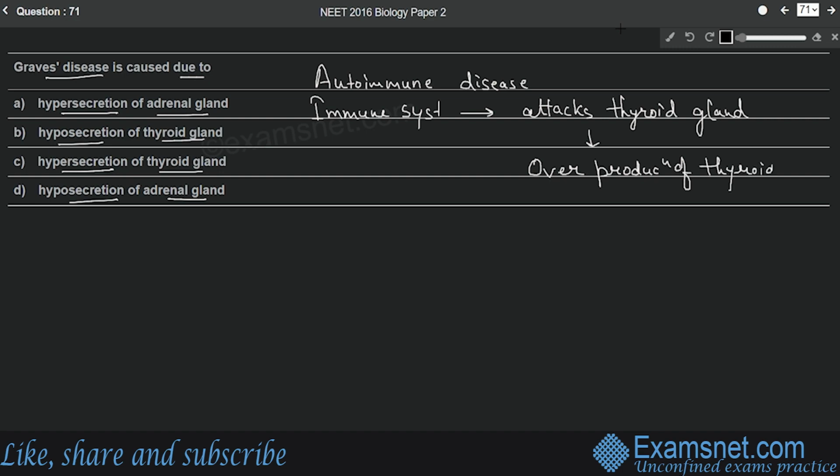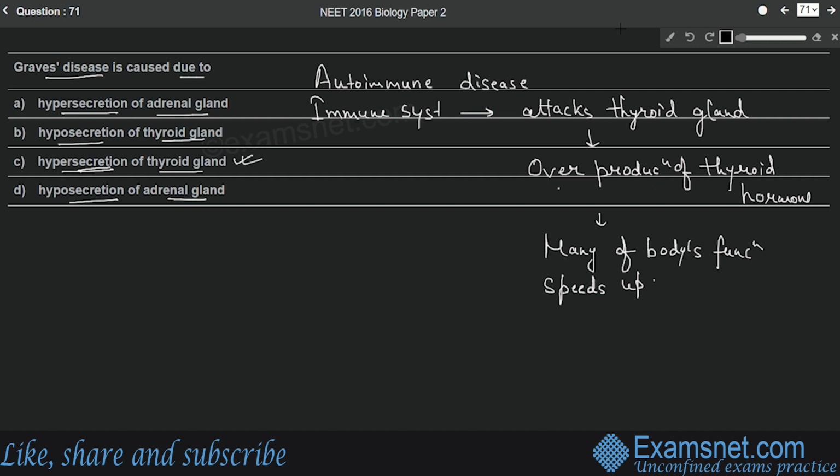Due to this, many of the body functions such as metabolism speed up. So it is caused due to overproduction of thyroid hormones. That means hypersecretion of the thyroid gland. So option C will be the correct answer.